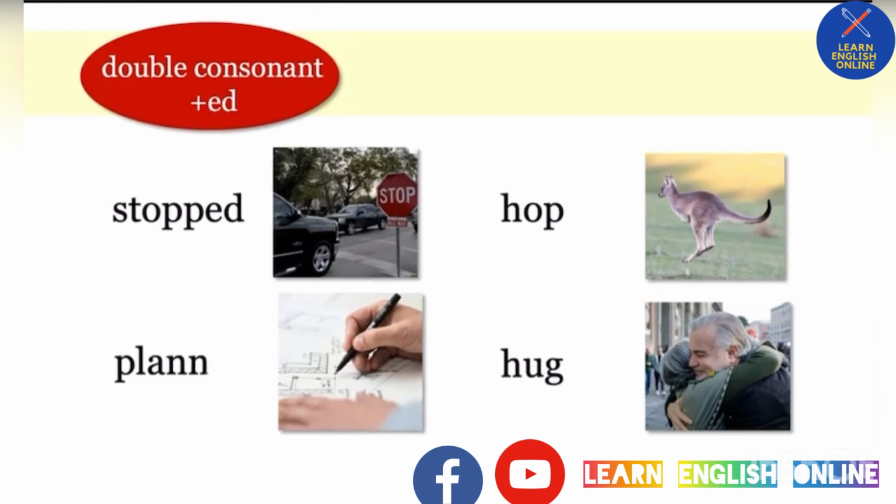So we add an n and then ed, planned. Hop is the same thing. I need to double the consonant and add ed, hopped. Hug also. Double the g, add ed. Hugged.